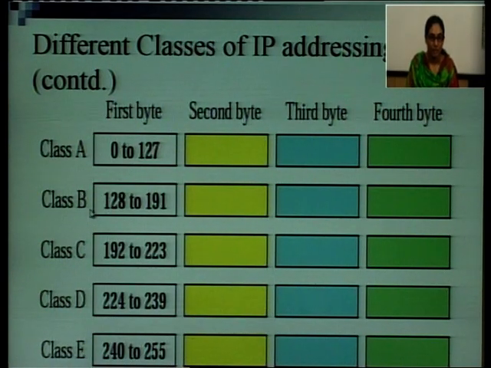Class B ranges from 128 to 191. Class C ranges from 192 to 223, class D ranges from 224 to 239, and class E ranges from 240 to 255.